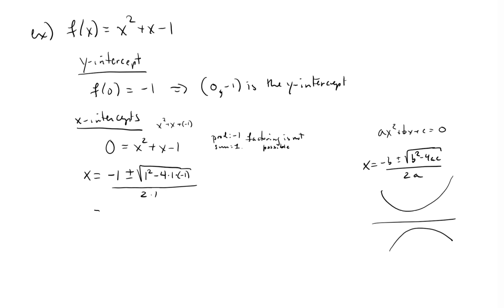So this is plus or minus the square root of 1 plus 4, over 2. So this is minus 1 plus or minus root 5, over 2. So I do have two roots here. So x is either minus 1 plus root 5 over 2, or x is minus 1 minus root 5 over 2.